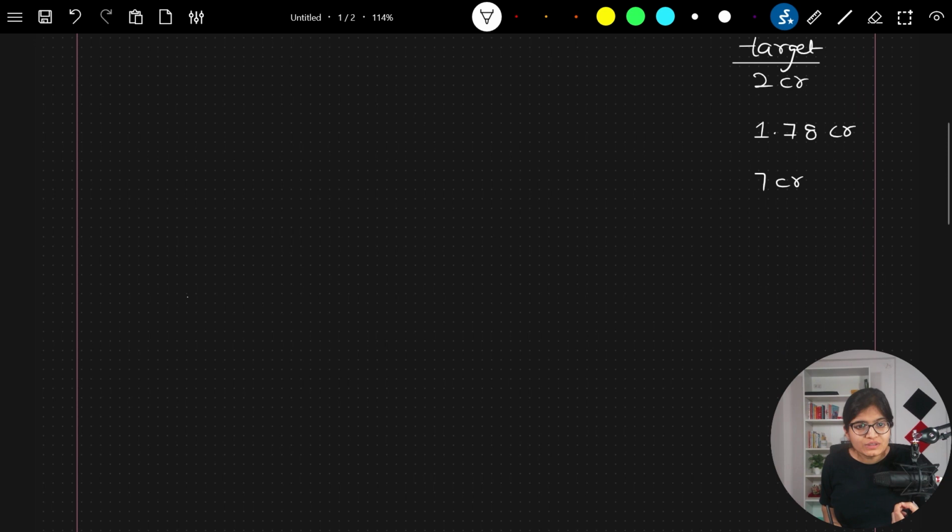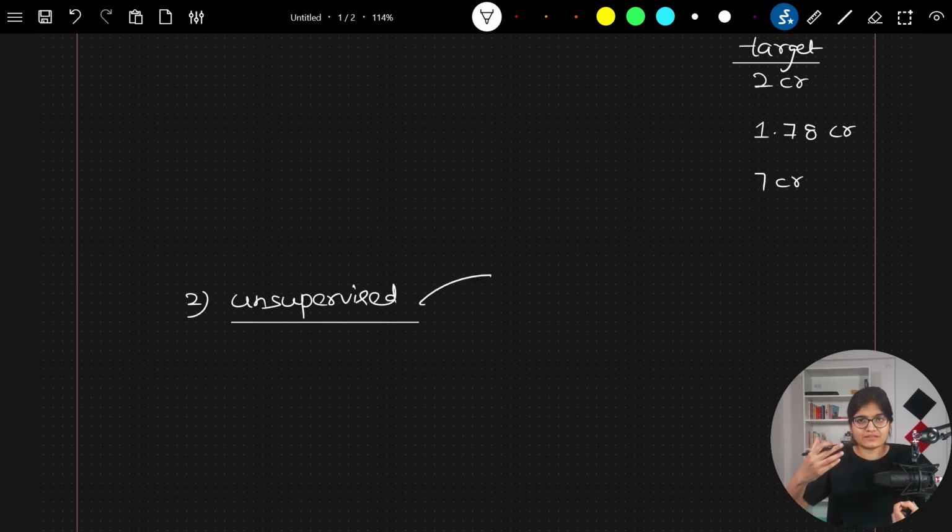In type number 2, the second important technique that we have in machine learning, which is called the unsupervised machine learning technique. In unsupervised, what usually happens is, as the name suggests, there will be no supervision. Whatever data you pass, that historical data, there is no labeled data as such. There is no labeling or target column.